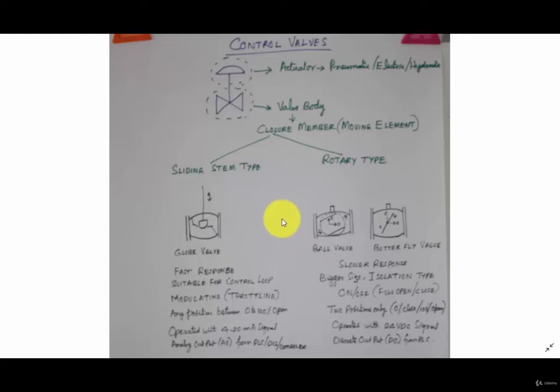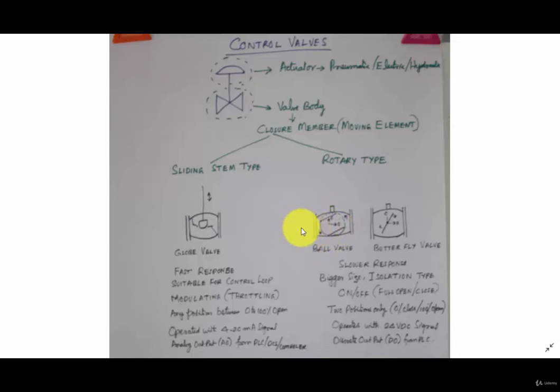The sliding stem type is mostly globe valves. There is a globe-like structure inside going up and down, thereby controlling the fluid flow through the valve. Whereas in the ball valve, there is a ball-like structure with a bore inside that ball.